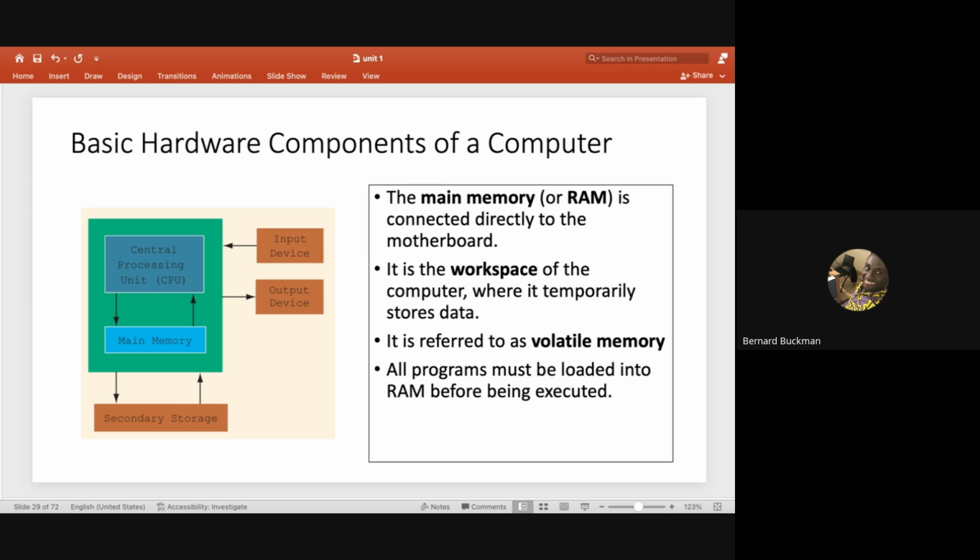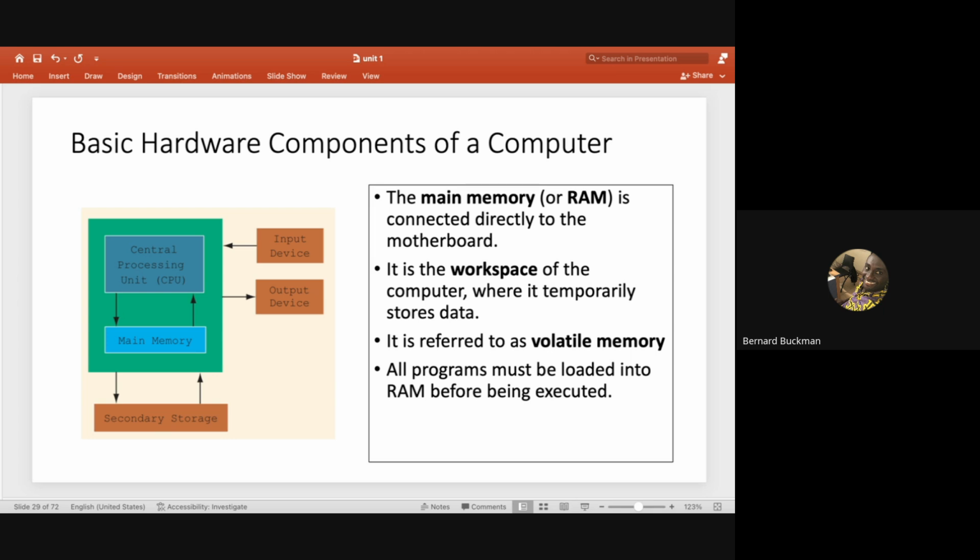Let's go back to main memory, and then we'll check out what is in there. Main memory, like I said, is also called RAM. Main memory consists of space that computation can happen on. Main memory is like the work space.